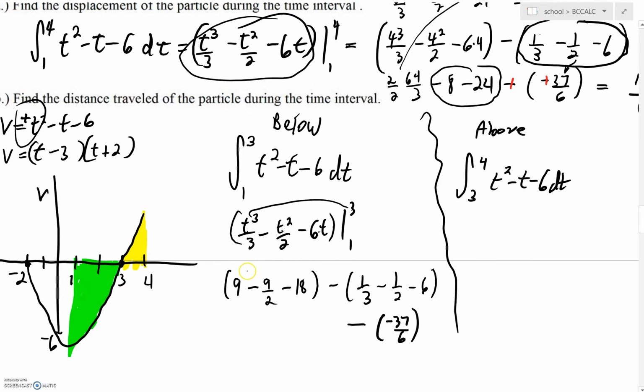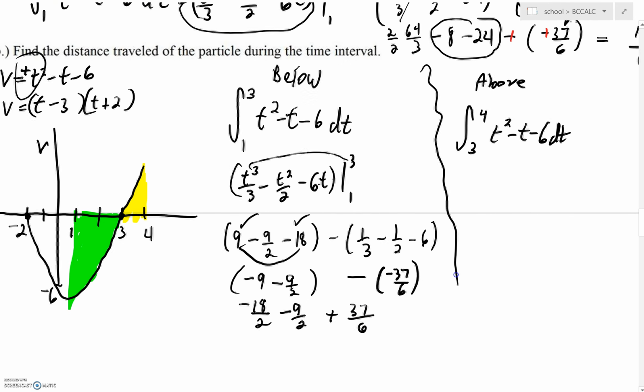By the way, from here, if you were to do 9 minus 18, that's negative 9, isn't it? Negative 9, if we just combine those two, minus 9 halves. And wow, this would be negative 18 over 2 minus 9 over 2. And then this is plus 37 over 6. So, as we keep going here, this is negative 27 all over 2.